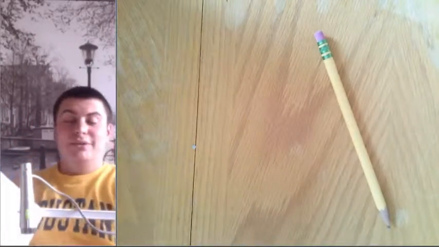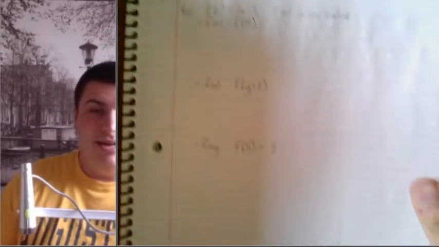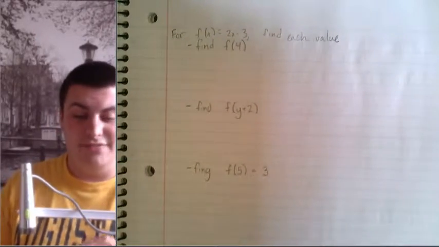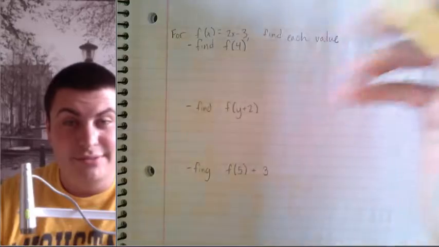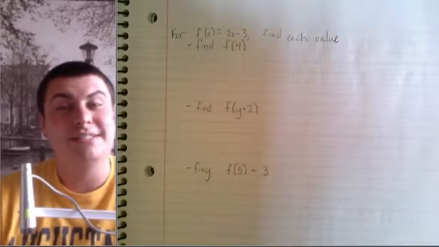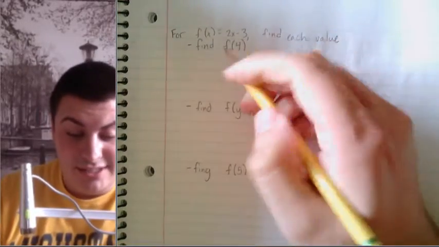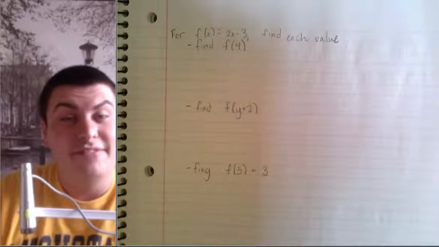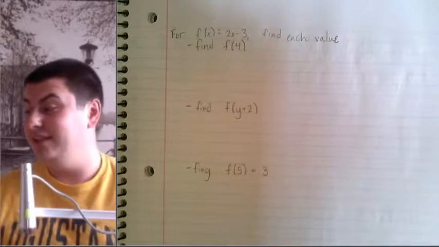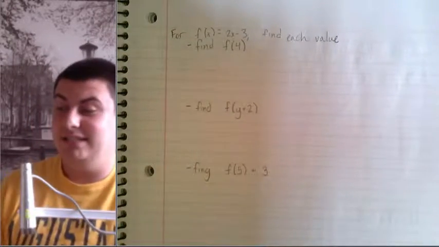Now, one thing we can do with functions is we can evaluate them at certain values. So let's look for the function f of x equals 2x minus 3. Our goal is to find each value. So let's find when x equals 4. So we're going to evaluate the function at a certain value.